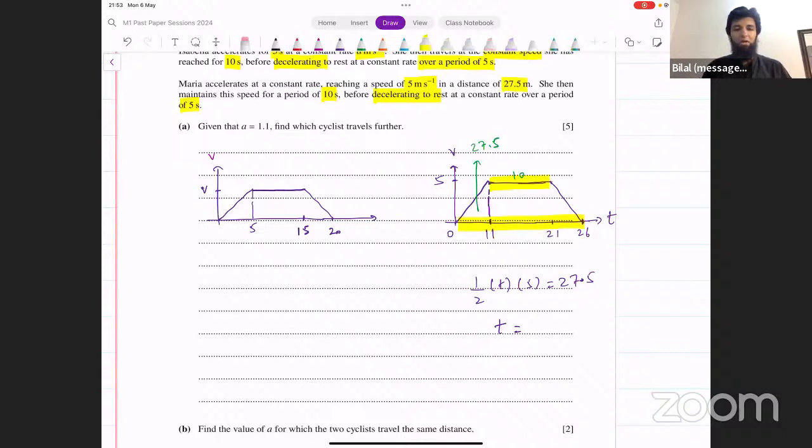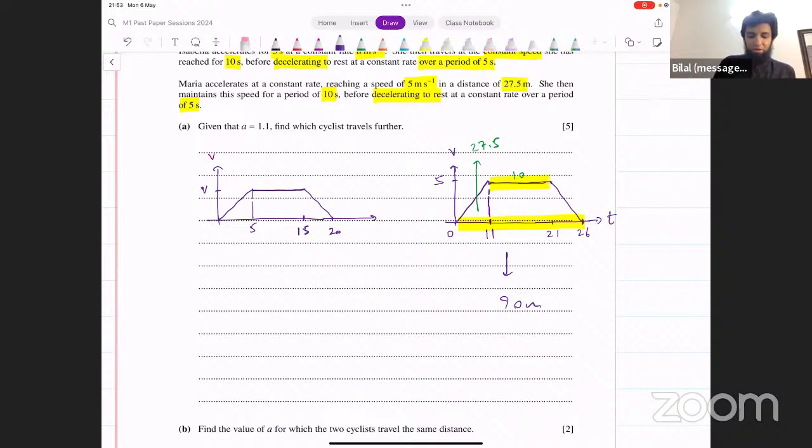Can we find the total distance traveled by Maria? Again, you would have calculated this already in the first part, right? Yes, sir. That's 90 meters. Area of trapezium: half into 26 plus 10, whole multiplied by 5. And that gives you 90 meters. You've done this work in the first part already.